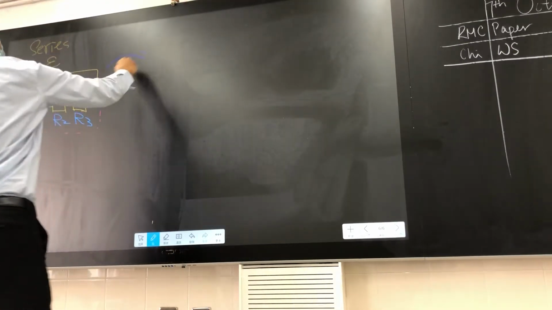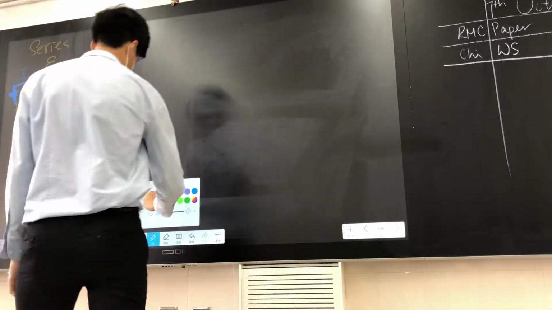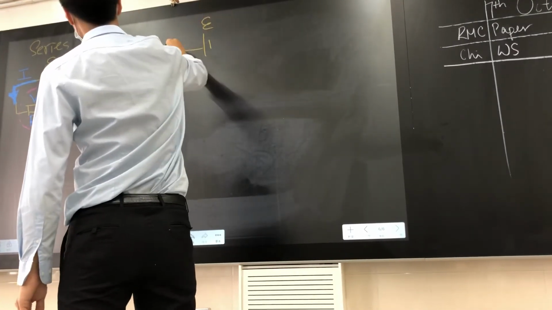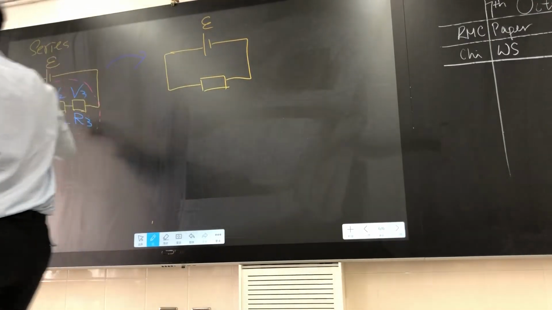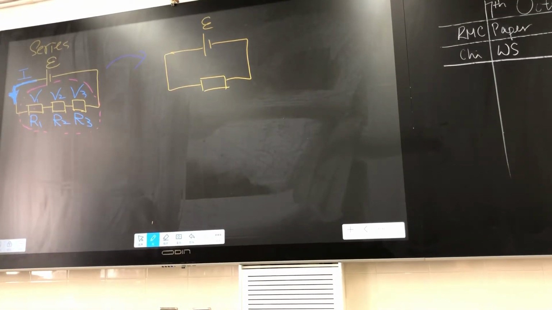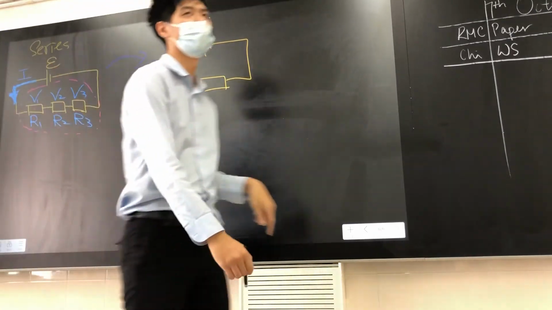好啦，咁而家就 derive 一次啦，OK？So if you want to find a single resistor to replace these 3 and get the same effect as these 3 resistors, what's the value of this one?